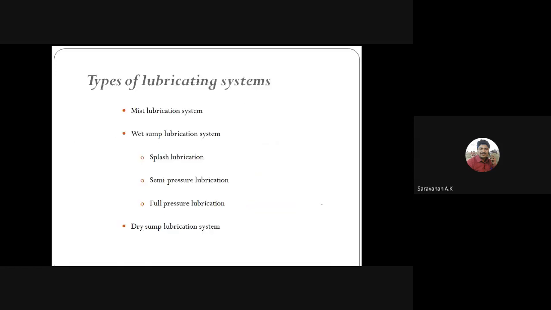Now we enter into the specific topic, the lubrication system of IC engines. What are the types of lubricating systems which may be used in IC engines?